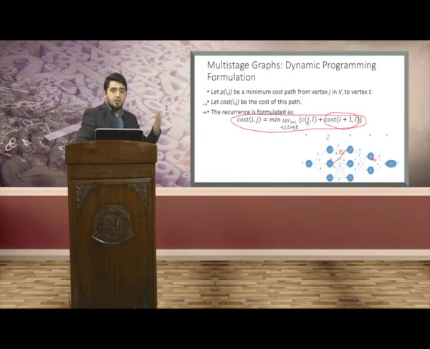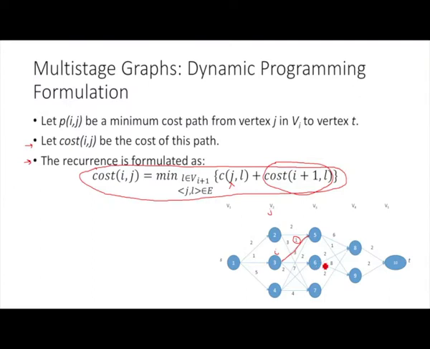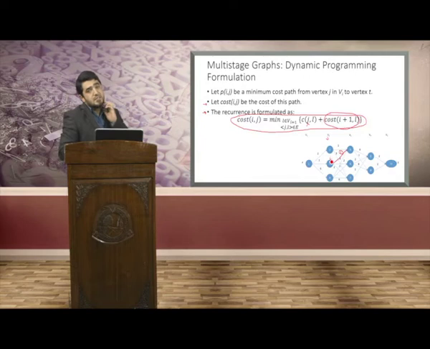Similarly, we need to find the cost of going from node number 6 in the next stage to the final node. Again, that will be solved recursively. Similarly, we will have to find the cost of selecting node number 7 in this particular stage to go to the last node in the final stage. So that is what that recurrence basically means.